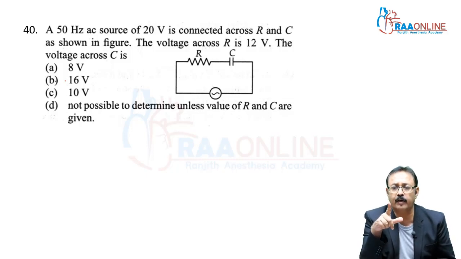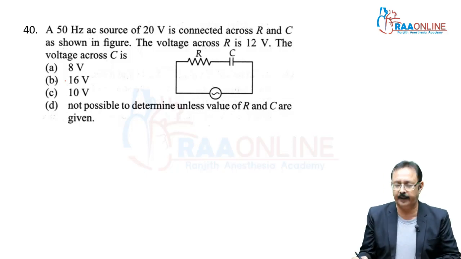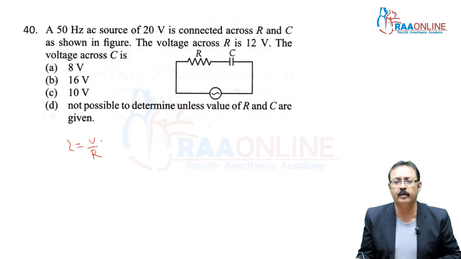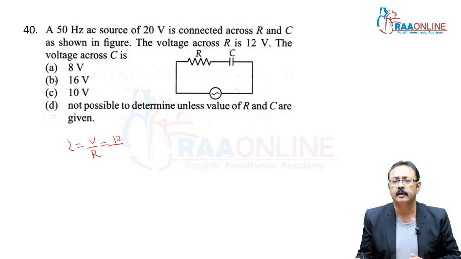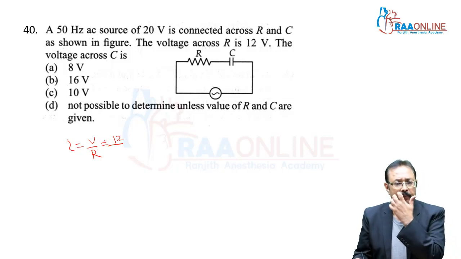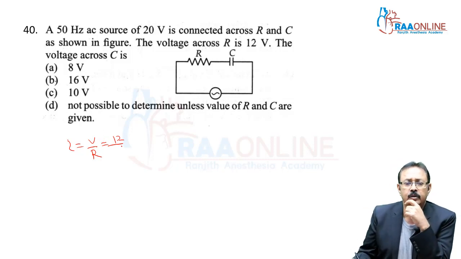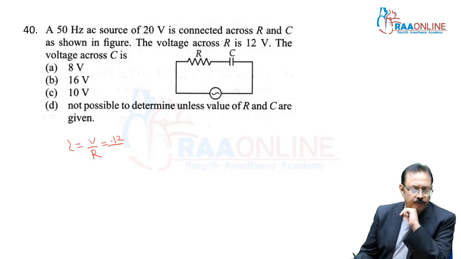Since the voltage across R is 12 volts, you can calculate I. By Ohm's law, I is equal to V by R. The voltage across R is 12 volt, but the value of R is not given. So what are they saying?